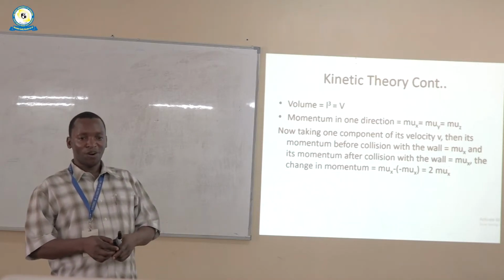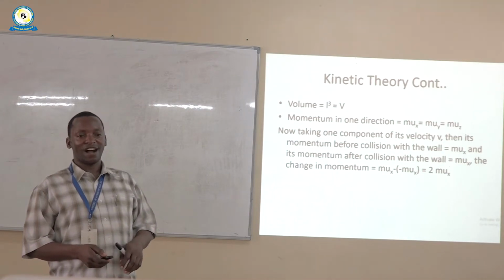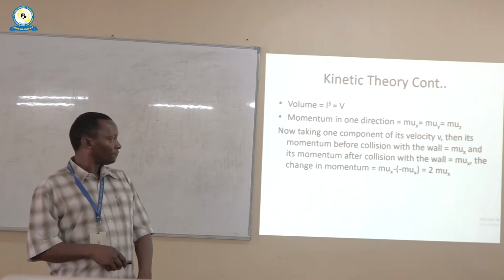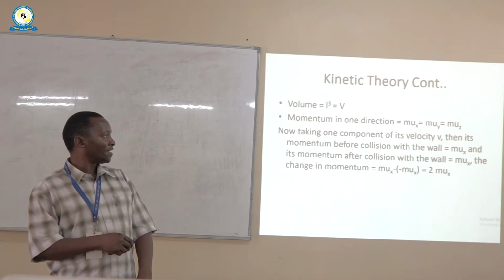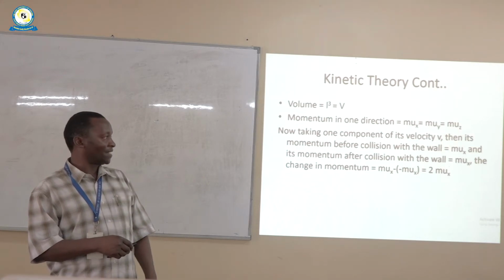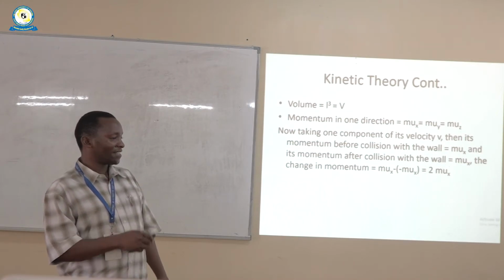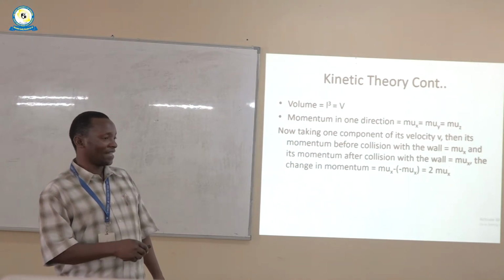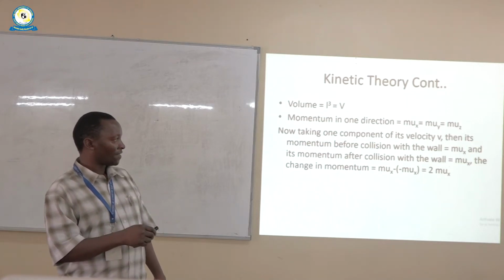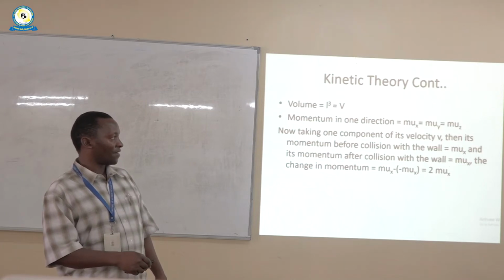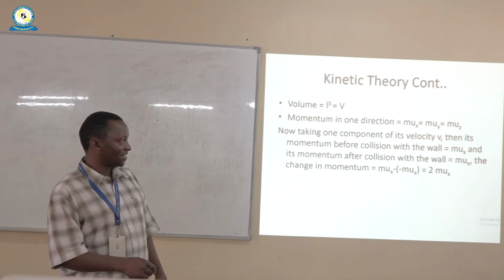When a molecule is moving in that cube, it will have a momentum in one direction, represented by mass times velocity along the x-axis, which is equal to mass times velocity along the y-axis, equal to mass times velocity along the z-axis.